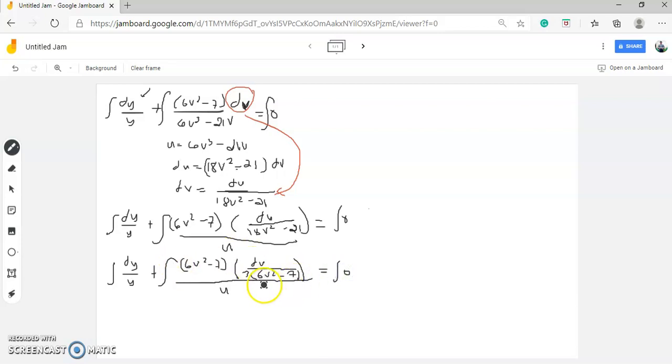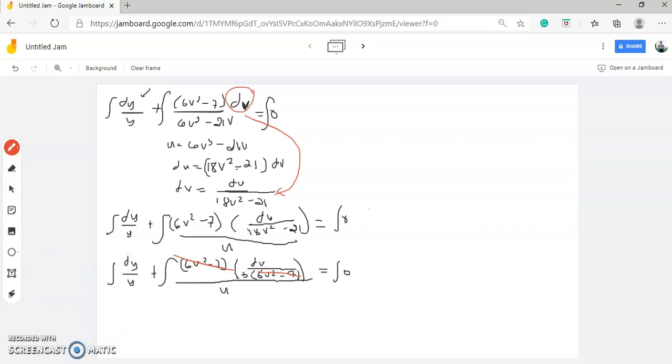If you could see the 3 here, let me write this one. Let's multiply this with 3. So 3 times 6 is 18, 18v squared, and 3 times 7 is 21. So you have the same expression here, and therefore we can cancel this one and this one.